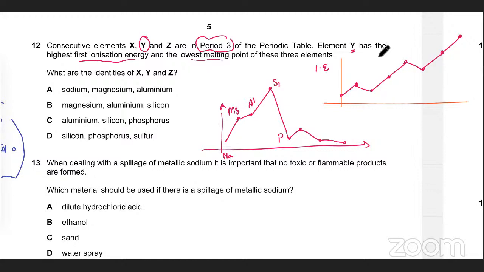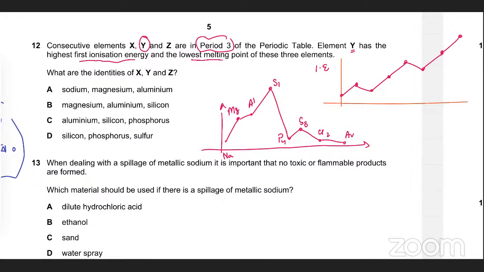Then phosphorus, P4, sulfur, which is S8, then Cl2, and then argon, which is supposed to have the lowest melting point.